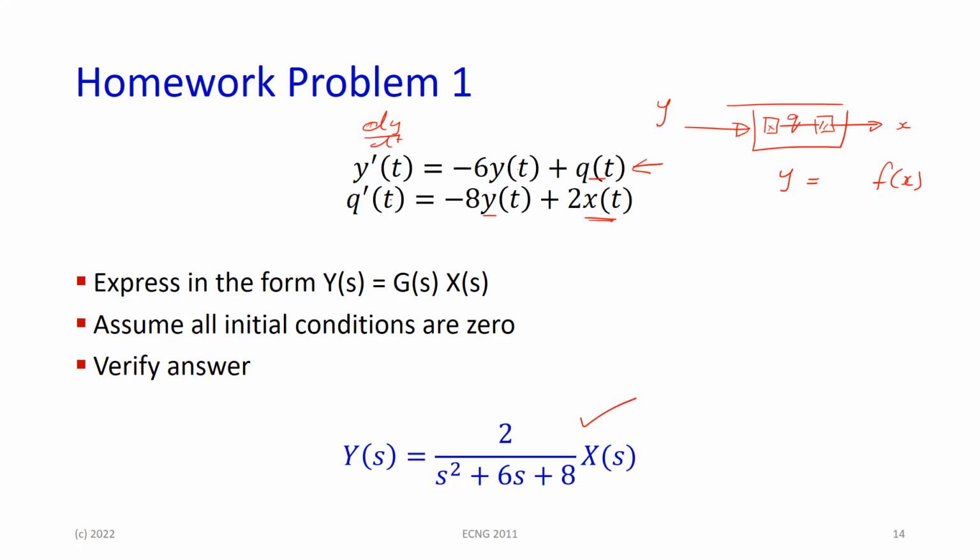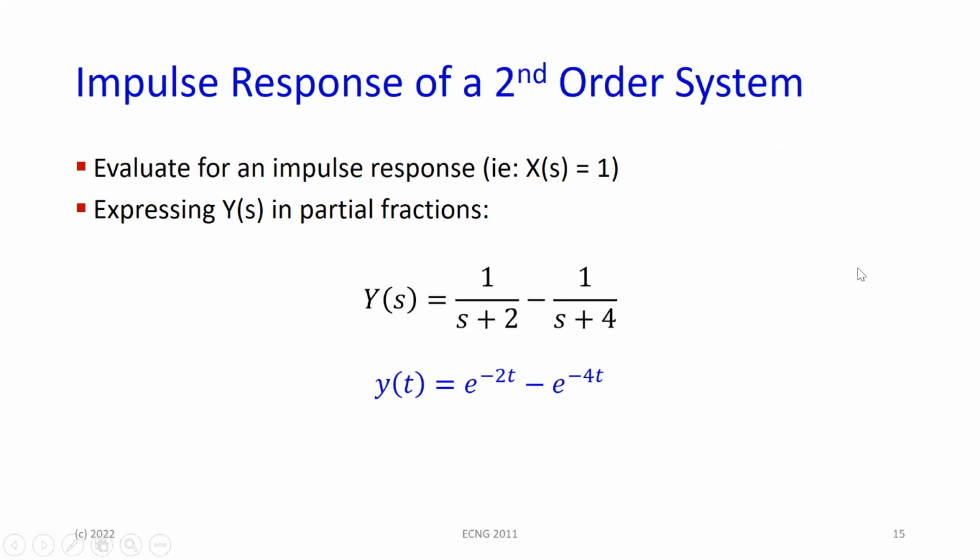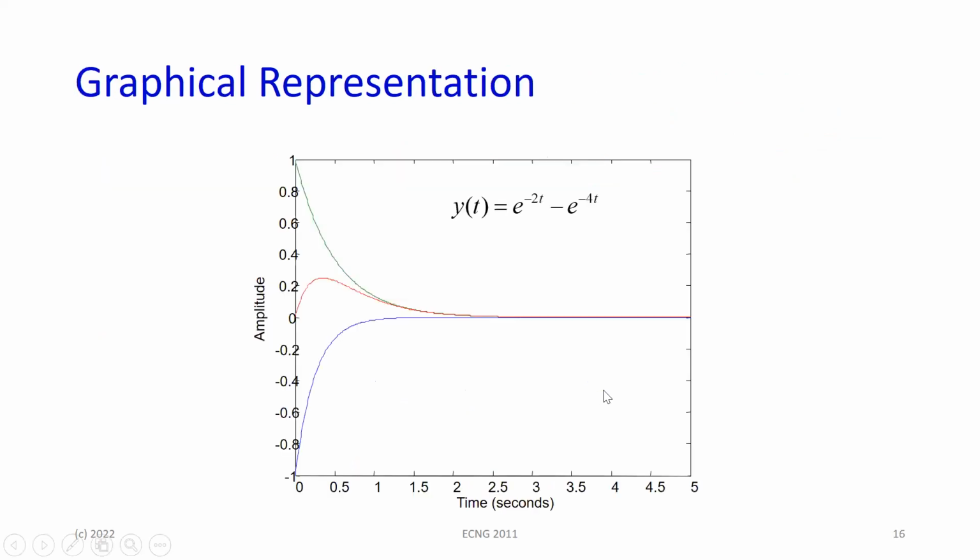Let's see how that behaves. The impulse response is x equal to 1. So if I take the partial fractions, I'm going to get that y(t), the impulse response, is a e to the minus 2t minus a e to the minus 4t. e to the minus 2t looks like this. e to the minus 4t is something looking like e to the minus 2t, but decreasing even faster.